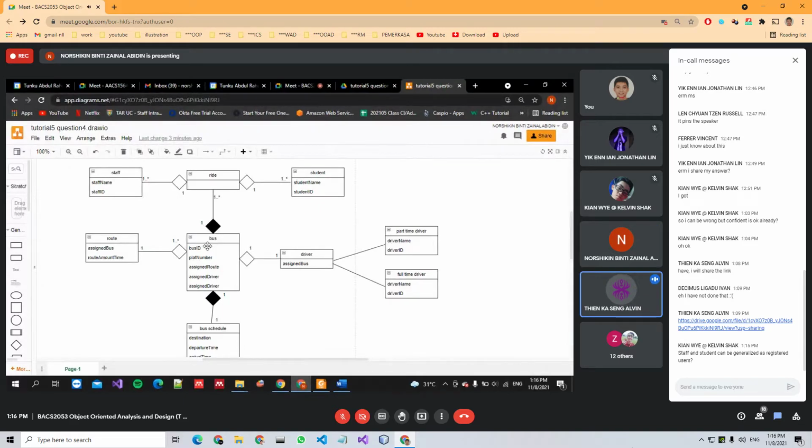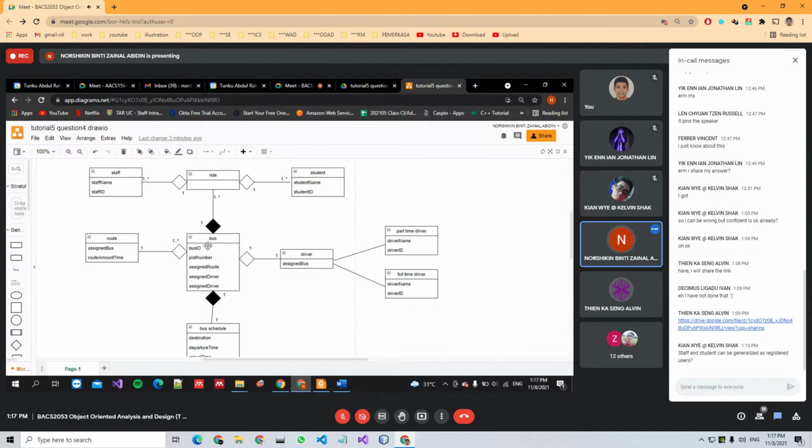The bus can be ridden by one or many customers, and every customer can only ride one bus. So if you don't have the bus, they cannot ride.